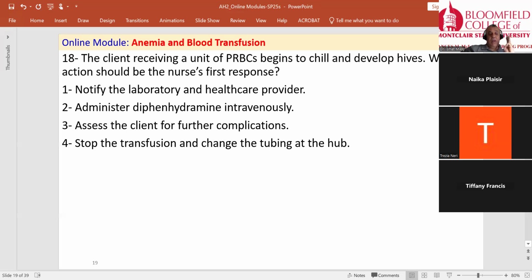So prioritization, like ranking: I would stop the infusion, and number two, call the PCP. We have to call them, since this is the first time this patient has developed this type of reaction, but after we stop the infusion. After stopping the transfusion, you can call the PCP because they are going to prescribe medications.